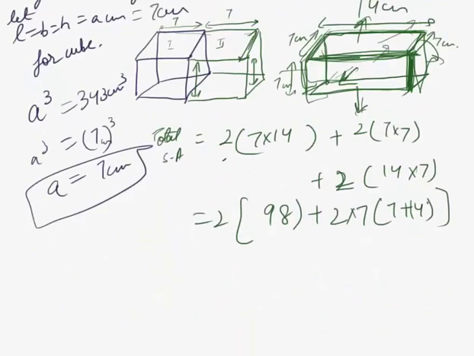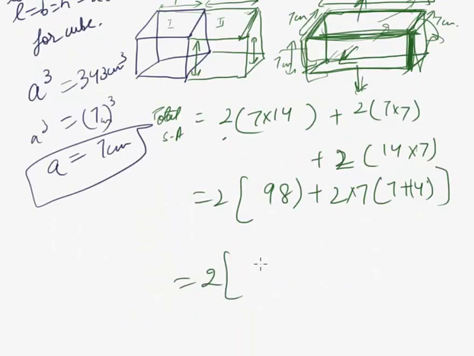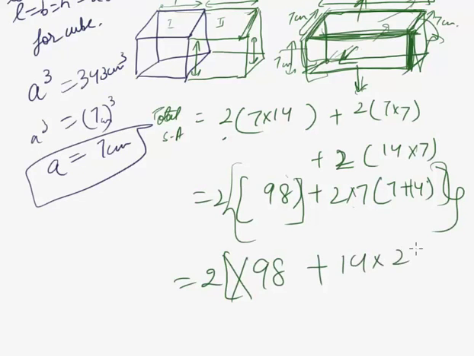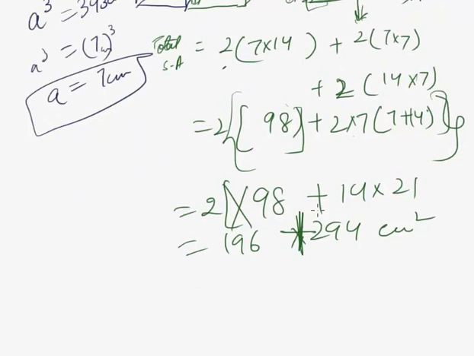So the total surface area is 2 into 98 plus 14 into 21, that is 196 plus 294 centimeter square, because here it was the symbol for addition.